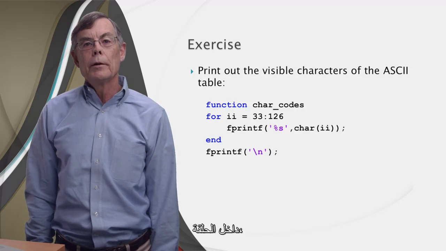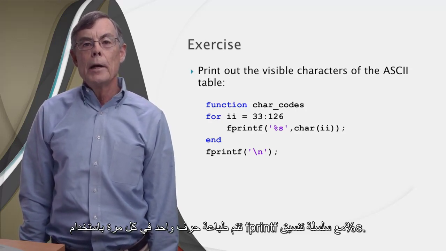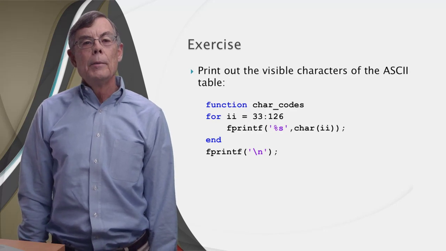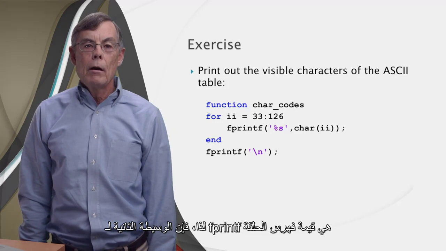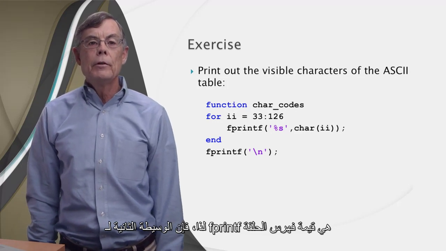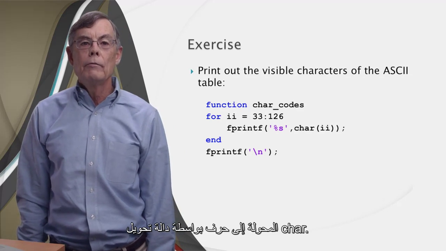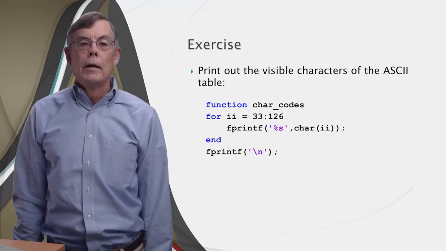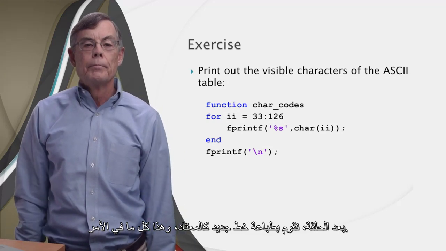Inside the loop, one character is printed at a time using fprintf with the %s format string. You may remember that %s expresses a string, so the second argument of fprintf is the value of the loop index converted to a character by the char conversion function. After the loop, we print a new line as usual, and that's all there is to it.